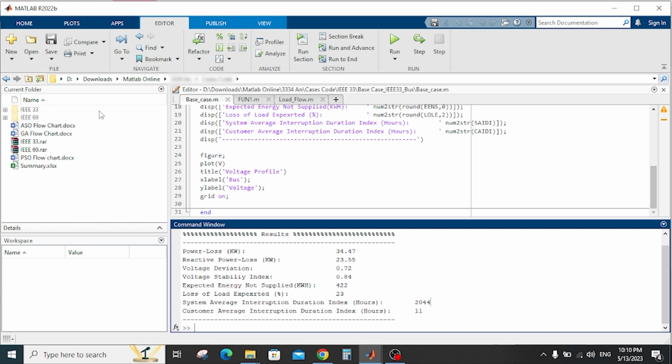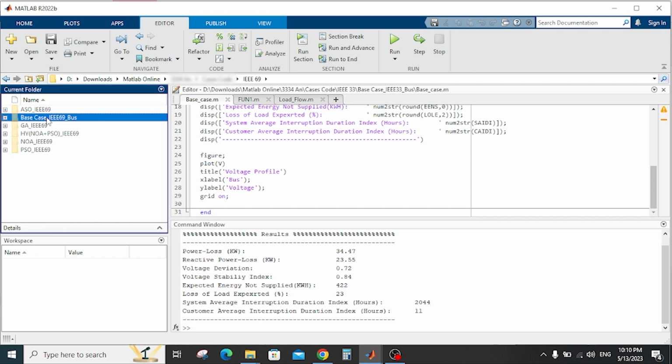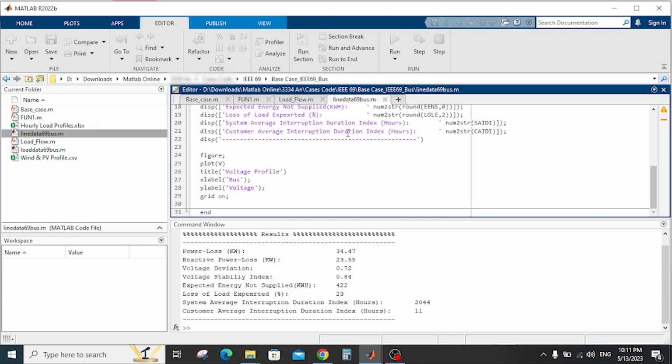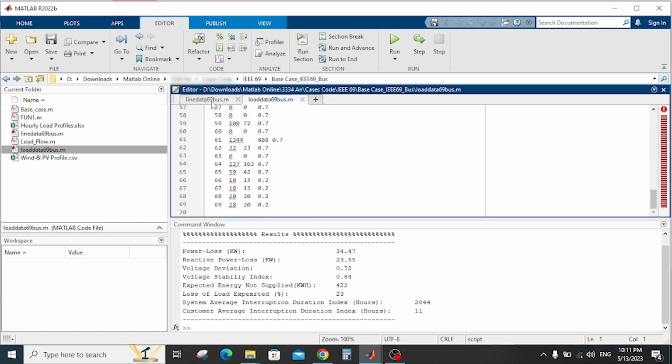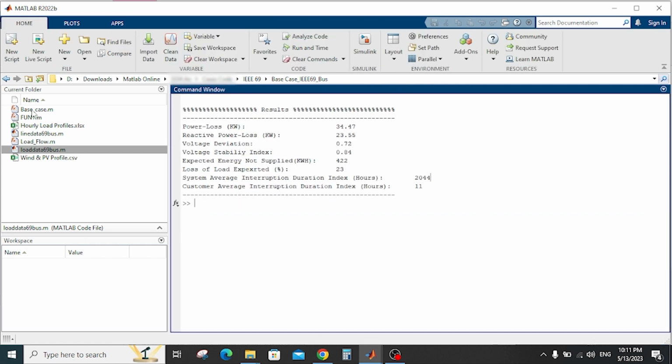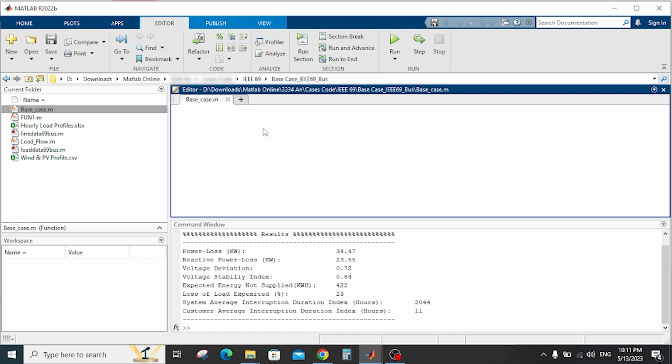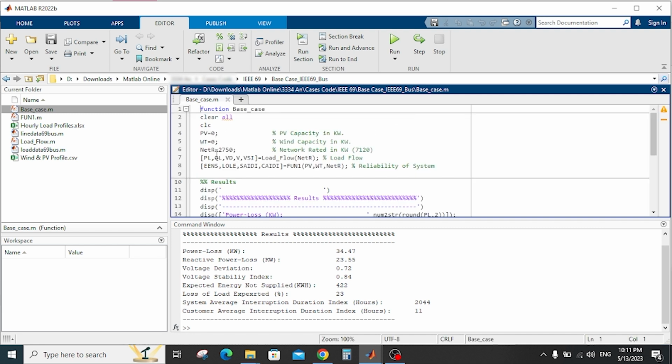When we go back to the IEEE 69 bus base case, it has the same functions, but the difference is the load buses are 69 and the lines are 69. This is the difference, but everything else is the same. As you see here, the PV capacity and the network rating are also different.